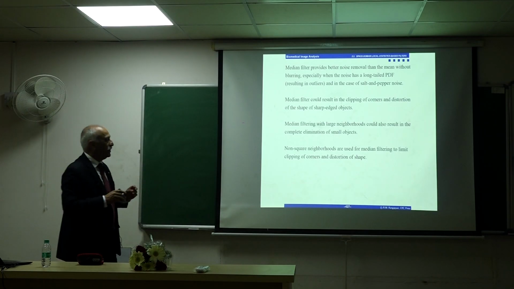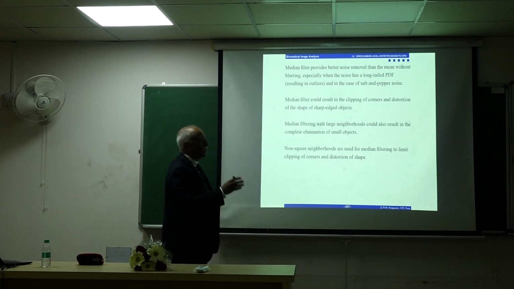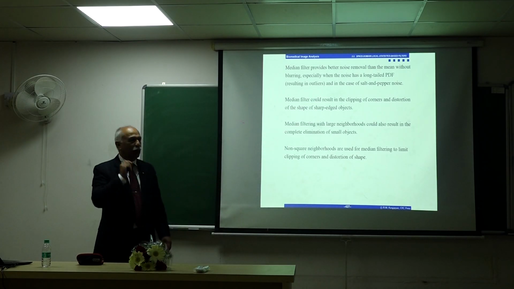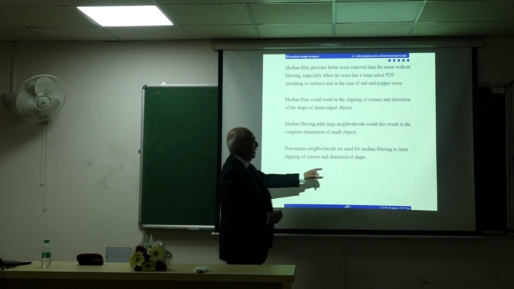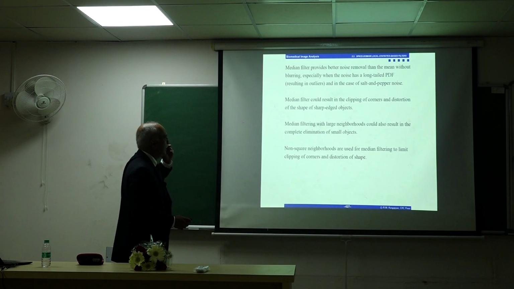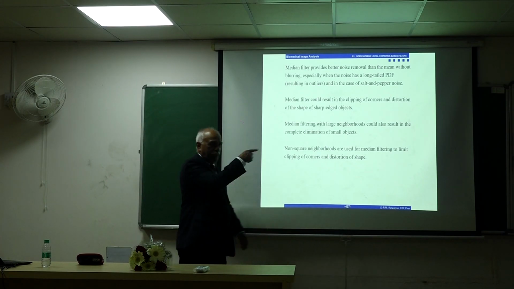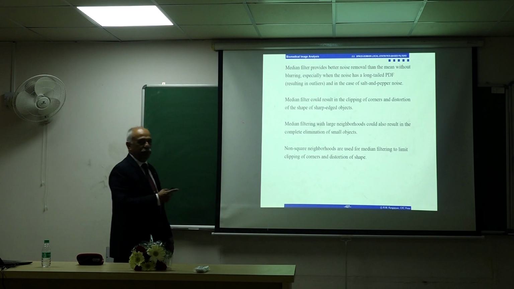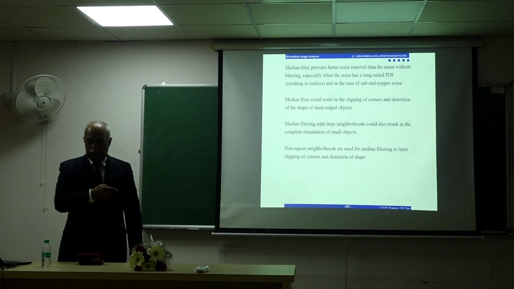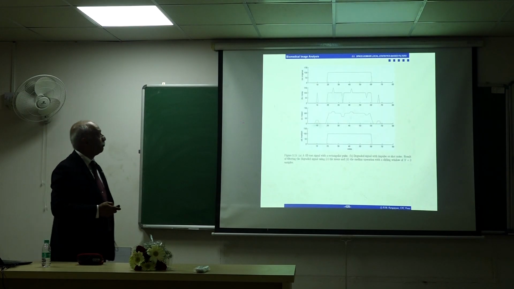And median filtering with large neighborhoods could result in the complete elimination of very small objects, such as a little dot. That'll go away when you apply a median filter. Non-square neighborhoods, like the other shapes I showed, are typically used in median filtering to avoid distortion of shape.